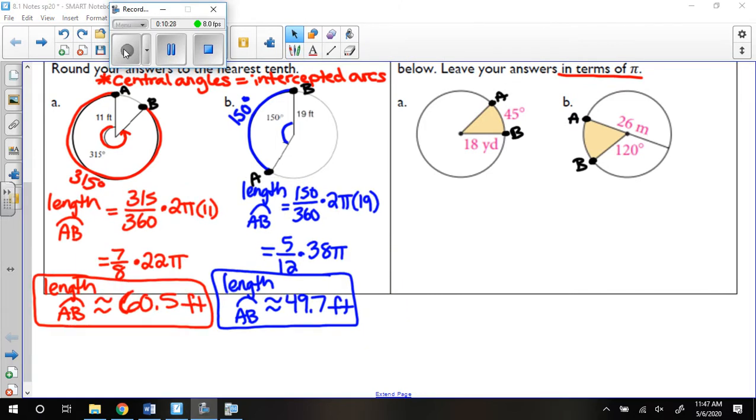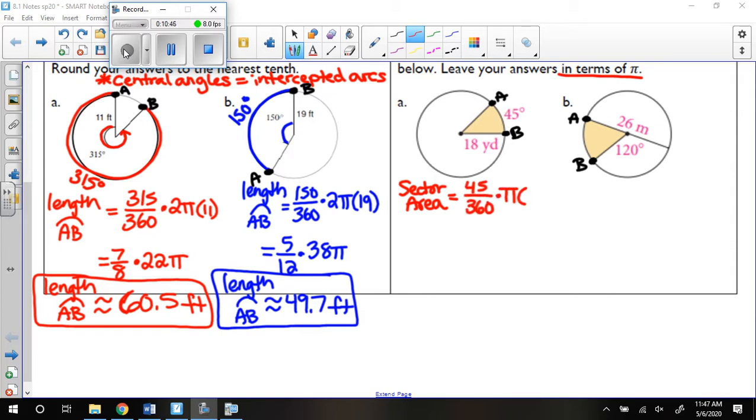So our first example here, we want to find the sector area, and it's going to be our arc measure, so 45 over 360 multiplied with pi times our radius squared, so 18 squared.